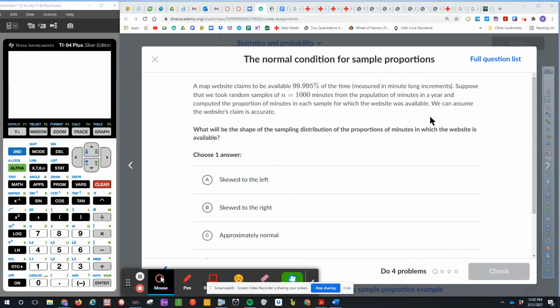So there's a sample size. Every minute, you do it in increments of 1 minute, and now you're looking at 1,000 of them. Sample size of 1,000 from the population of minutes in a year. It's a lot of minutes in a year, so 1,000 should be okay.